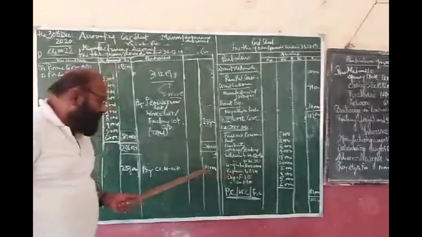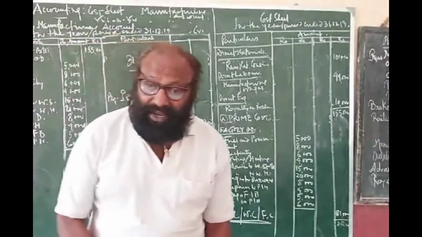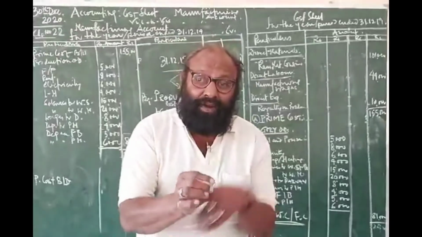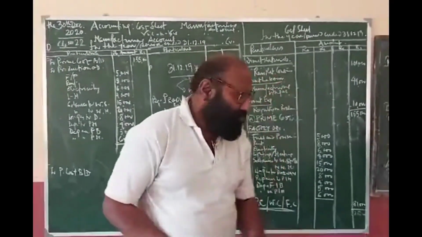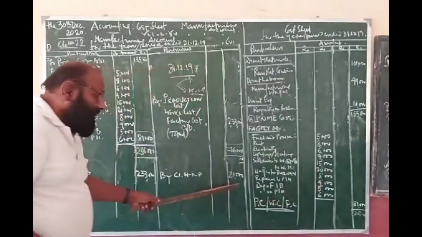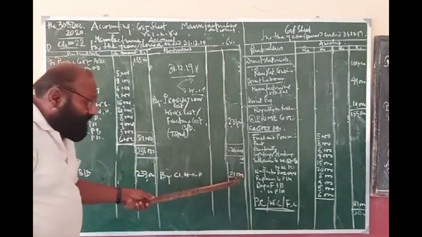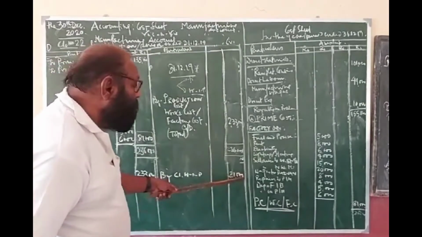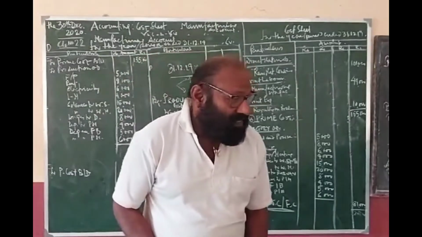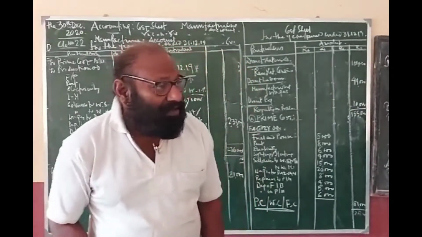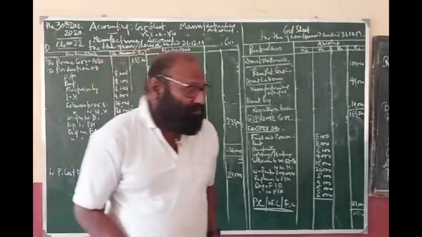Out of that, this part, that is 21,000, has not been finished. So it should be deducted because we have to find out the production cost of the finished goods. So this has been deducted and it is written on the credit side. What is being closed? What is the closing amount? As there is a closing amount, there must be some opening also.